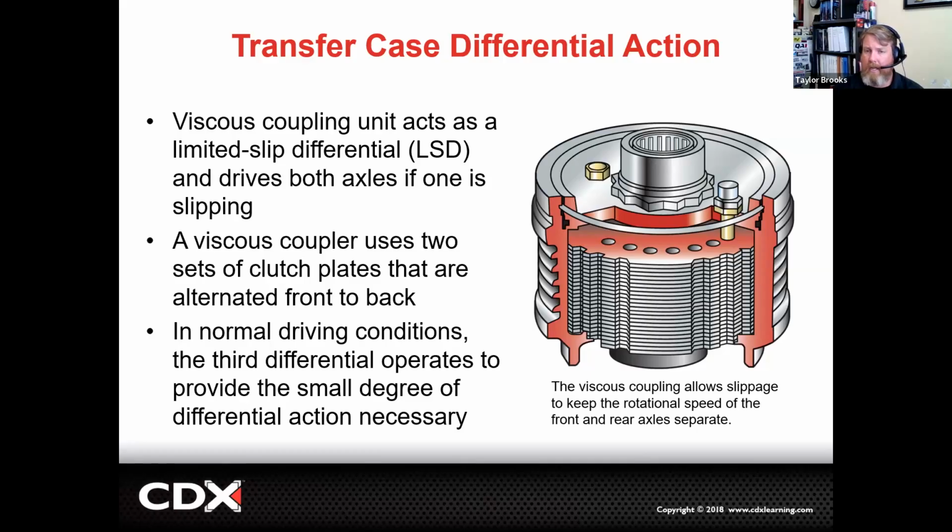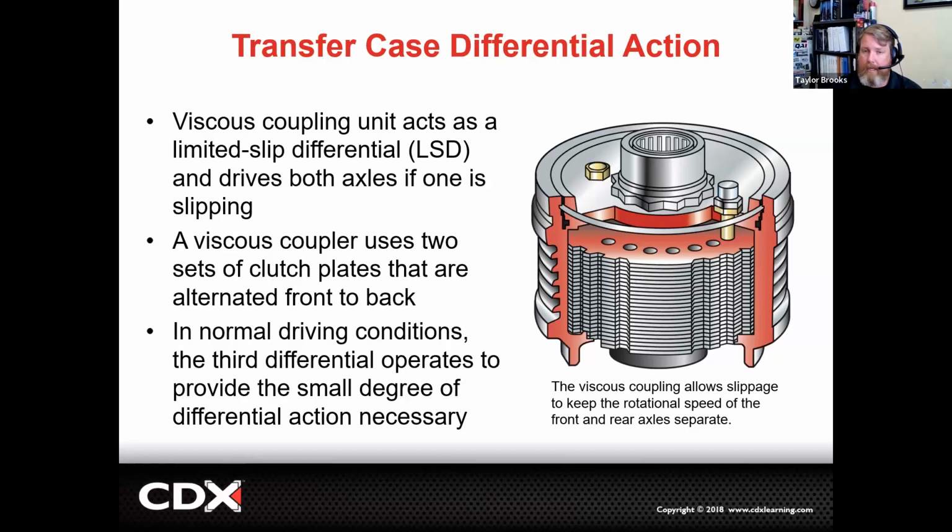Now, this is a multi-disc, multi-lined clutch pack that is sealed in a very viscous material that gets thicker with heat. Under light acceleration or low torque applications, the clutches will slip and will only engage power to the rear axle.